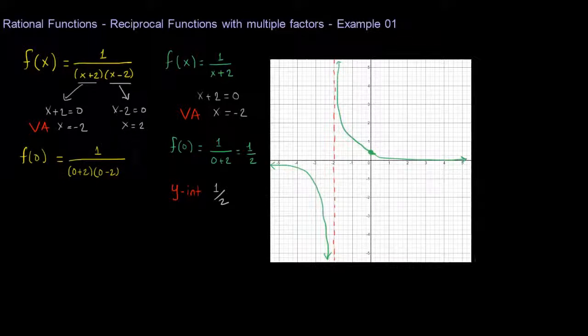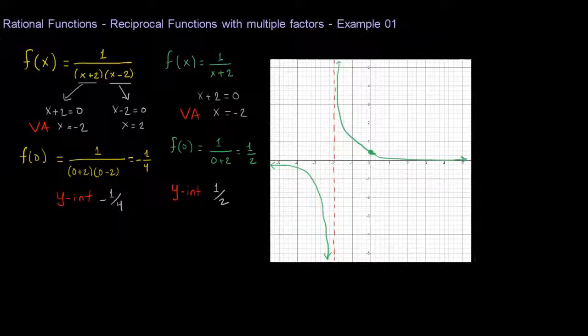At the end it will be 1 over this positive 2 times negative 2, which is equal to negative 4. So we will get at the end that the y-intercept, f of 0, will be equal to negative 1 over 4. So I'm going to write it in here. The y-intercept will be equal to negative 1 over 4.